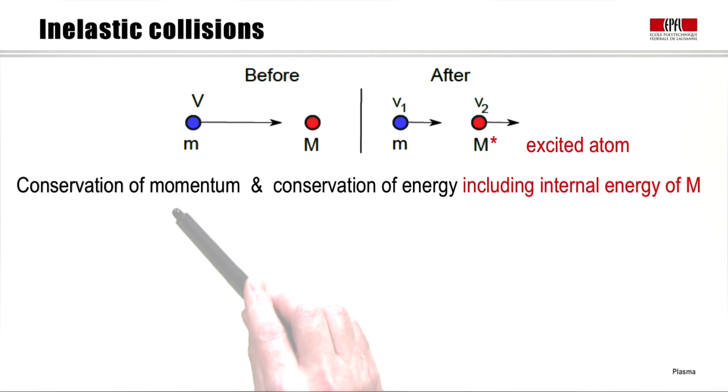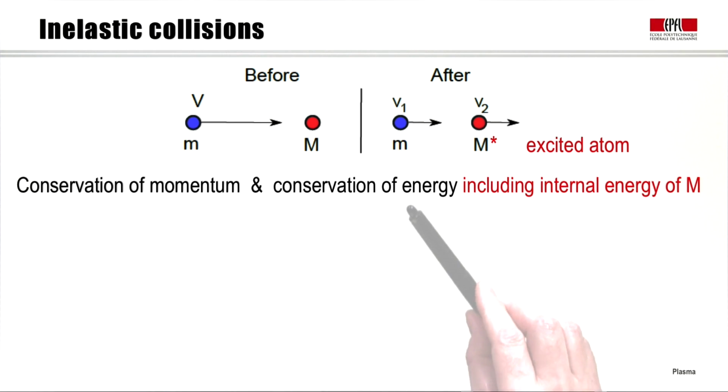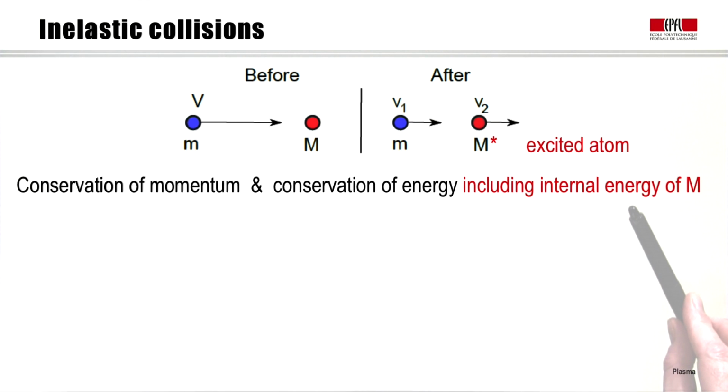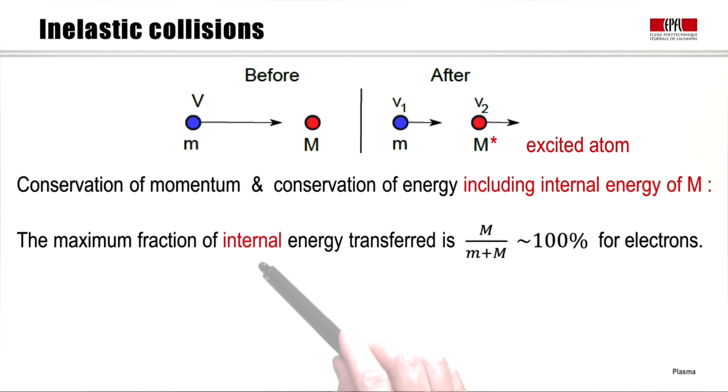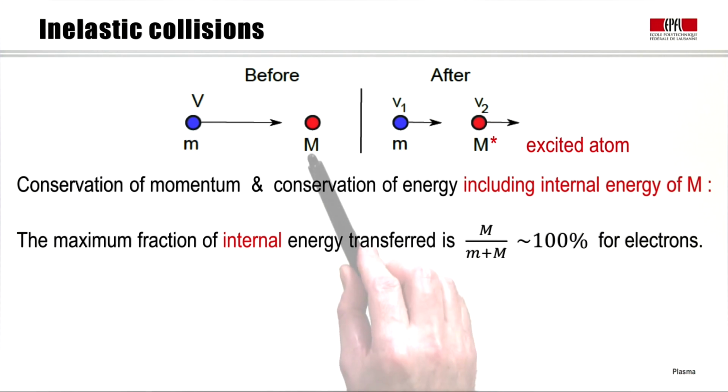We repeat conservation of momentum and conservation of energy, but this time including the internal energy of the atom M. And now we find that the maximum fraction of internal energy transferred is almost 100% for electrons. That is, the electrons are capable of giving up almost all of their energy to the target molecule.